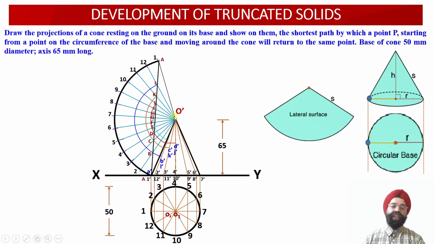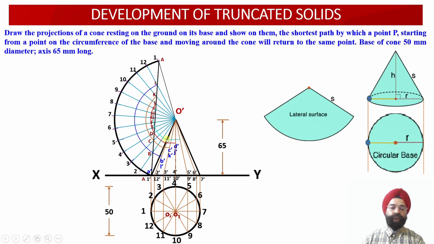So again with O as the center point and I and E as our radius points, again another arc has been drawn, and this arc has been extended up to the true length, that is O-1' over here, so that we obtain the points E' and I' at the true length over here.